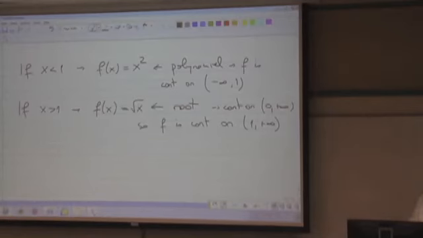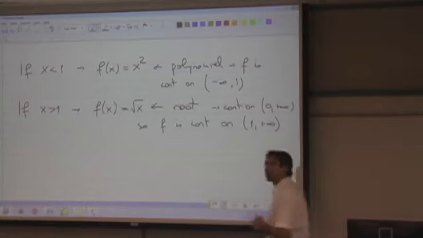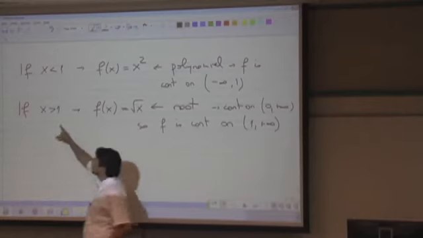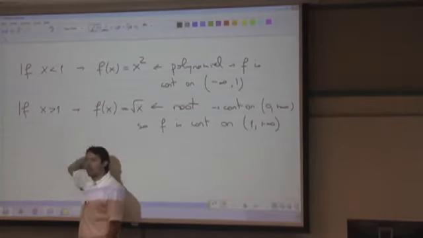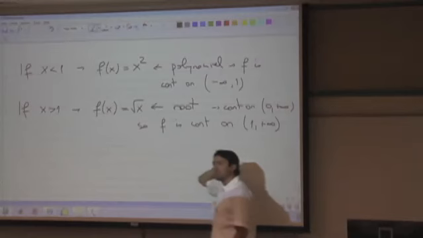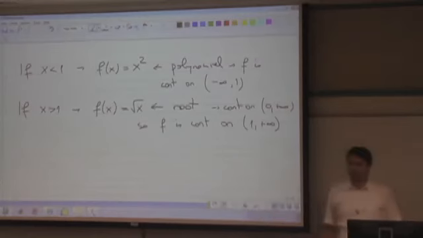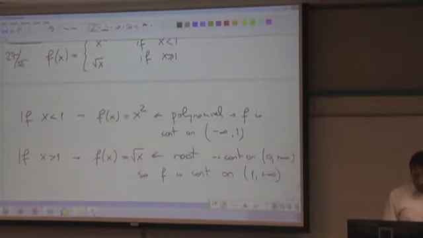Okay, so now we come to your point. You have a question? Wouldn't you use a closed bracket for the ones greater than? Well, but I don't know what happens at 1. That's the point. Notice I actually just said x bigger than 1. This is the answer, but I still have to deal with 1.